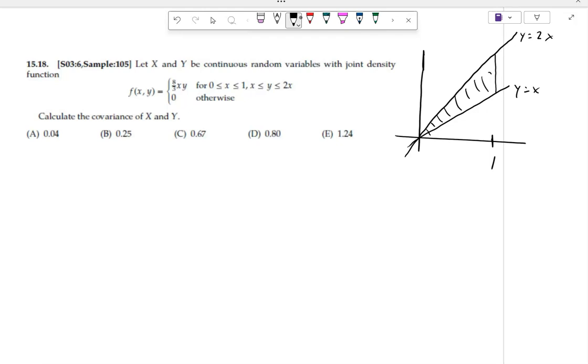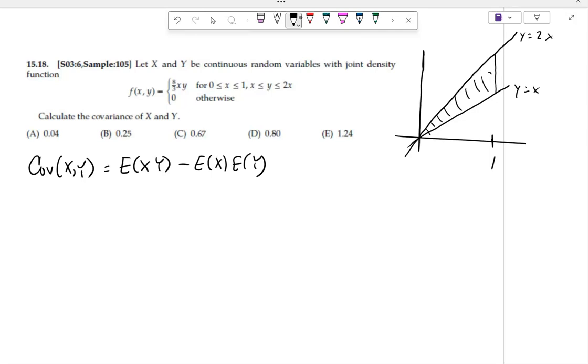This one asks for the covariance of x and y. So again, for your covariance of x and y, we need the expected value of xy minus the expected value of x times the expected value of y, right?